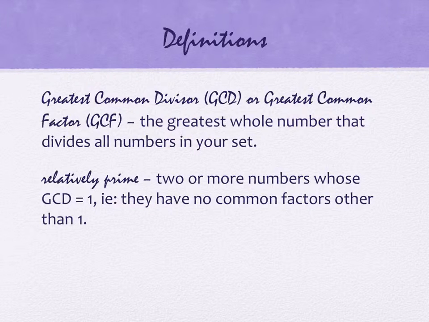In other words, they have no common factors other than 1. When numbers are relatively prime, it doesn't mean that they're actually prime. They could be, or maybe one of them is and one of them is not. What it really means is that they don't have anything in common among all of them. And you notice it also says 2 or more, so we could be talking about 3 numbers or 4 numbers that are relatively prime. Most of the time we're going to be looking at 2.